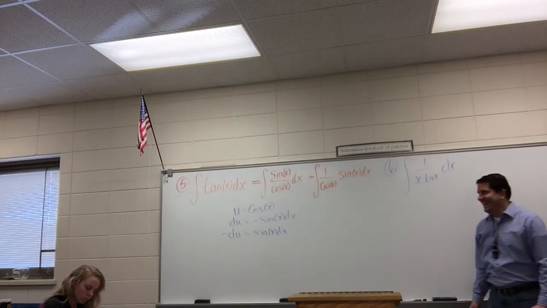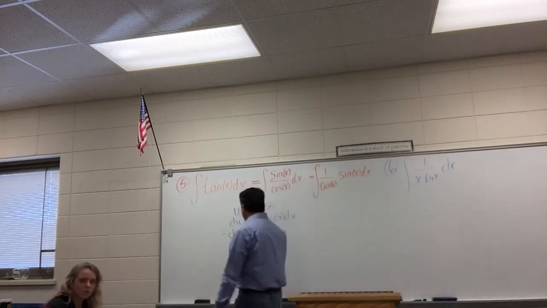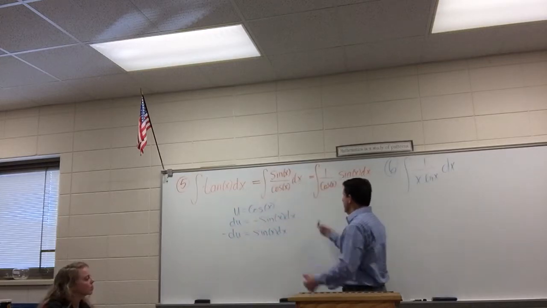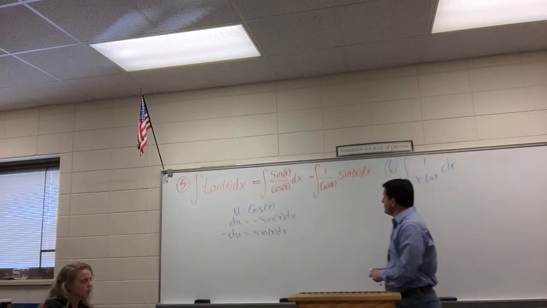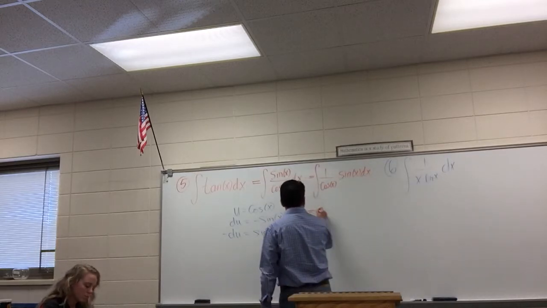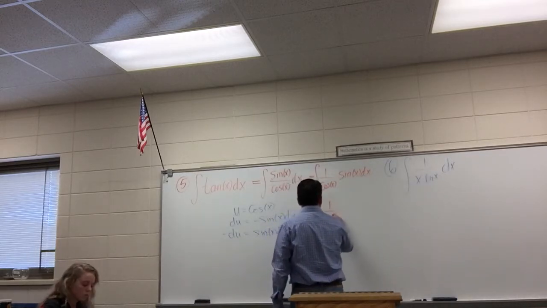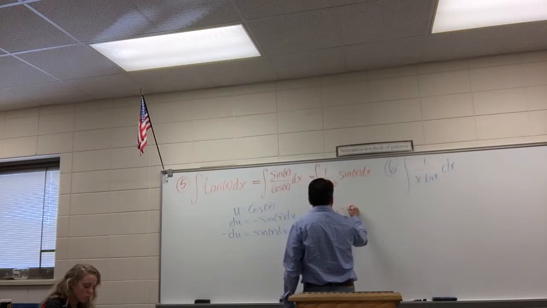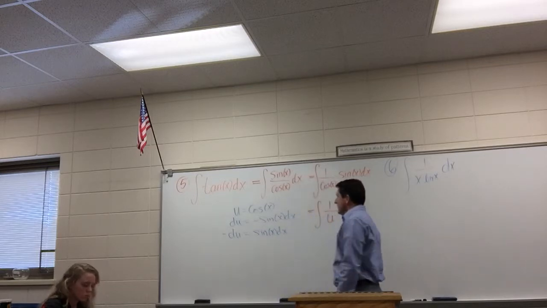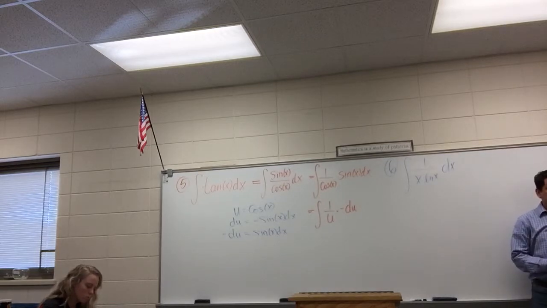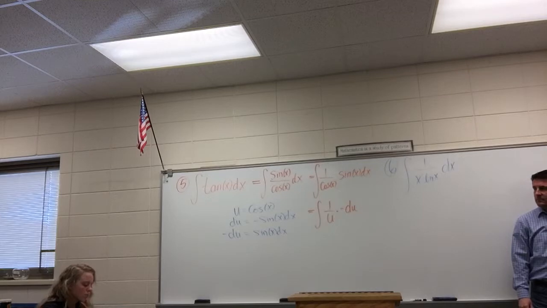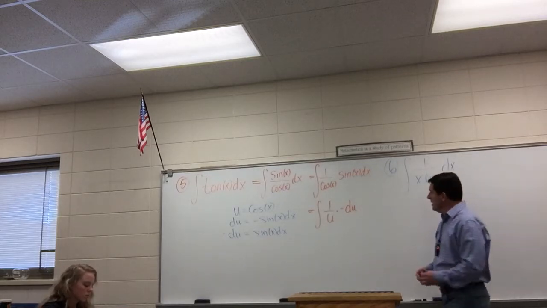Okay? I know this is what gets weird, because when you go backwards, it's the opposite. So this means that this bugger is 1 over u times negative du. Does this make sense? It just all works.